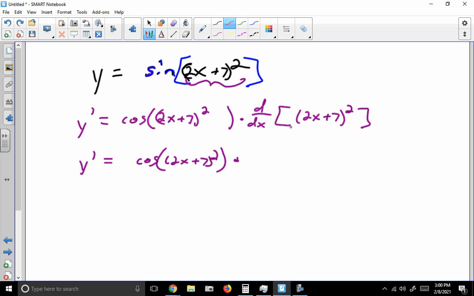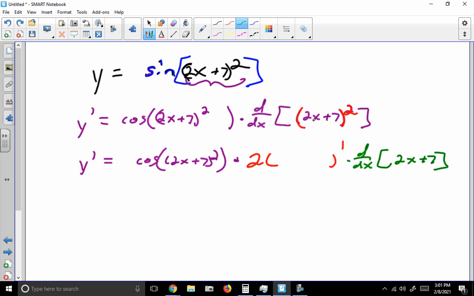And now we need to work on this derivative. Well, how do we take this derivative? We have an outside part. That's something to the second power. So how do we take the derivative of that outside part? We bring the 2 down, and we decrease our exponent by 1. And then we need to multiply that times the derivative of what was inside there. And that inside part is 2x plus 7.